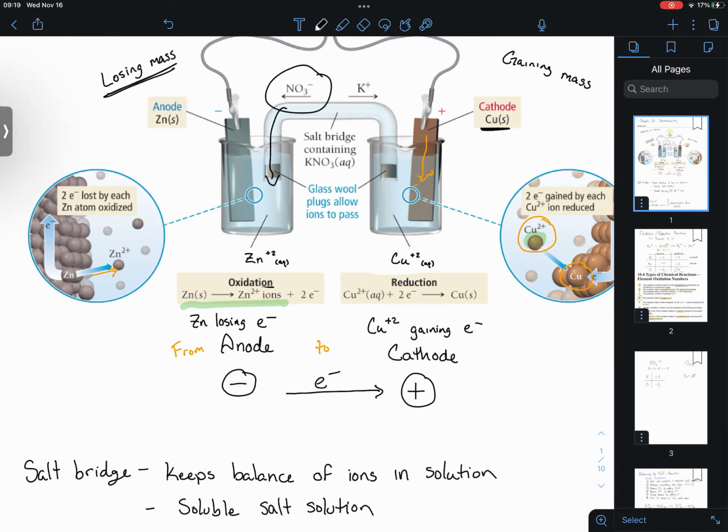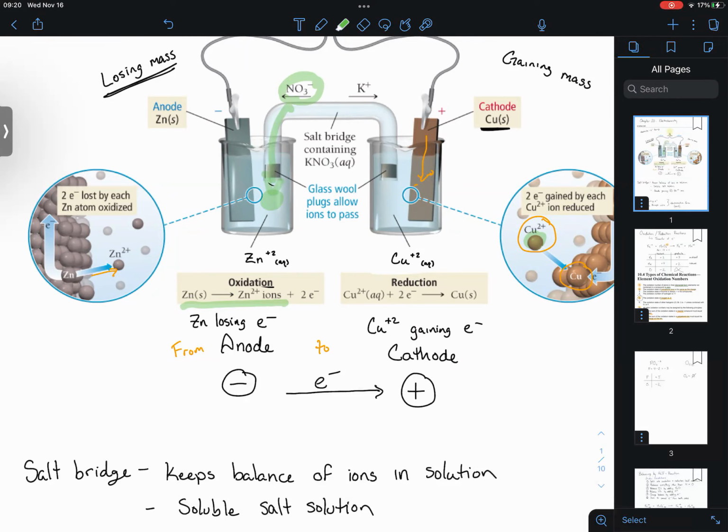This salt bridge is filled with this salt. That salt's just going to kind of stay there. But as soon as we get some zinc ions that are being deposited in this solution, all of a sudden there's this imbalance where there's too much positive charge. And so that will pull some of these negatively charged nitrate ions out in order to keep that balance.